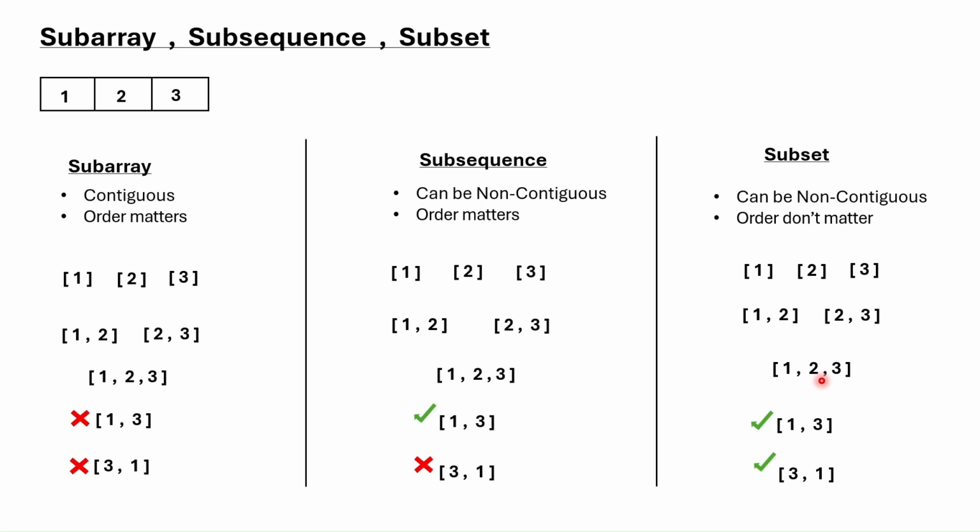One important thing: if in a question on subsets it is said that the subset must not contain duplicates, then 1 3 and 3 1 are both treated as the same thing.